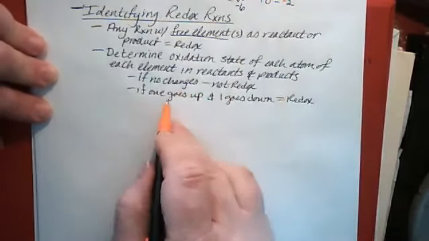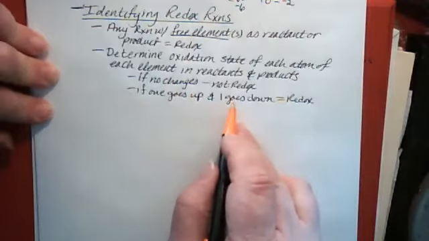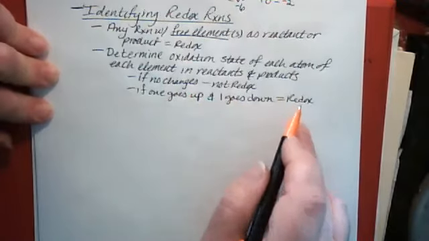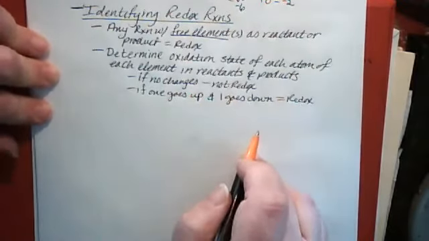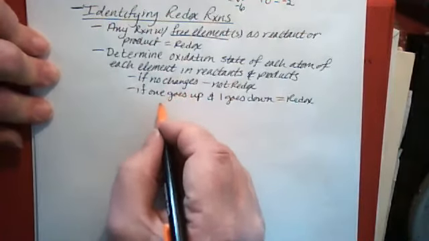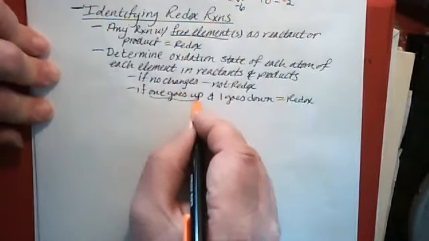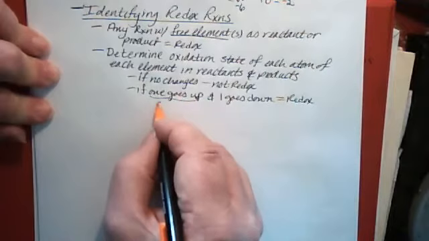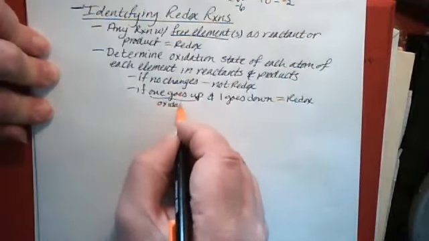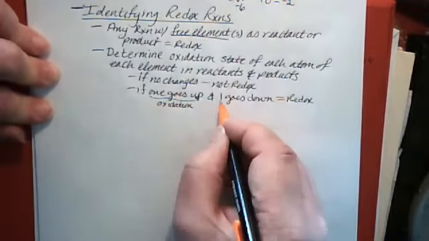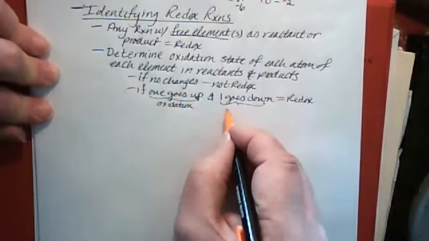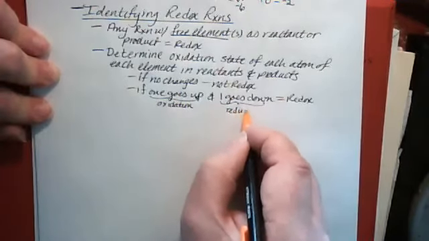On the other hand, if one of the oxidation states goes up and another one goes down, that's redox. Because an oxidation state going up is another word for oxidation. And an oxidation state going down is another word for reduction.